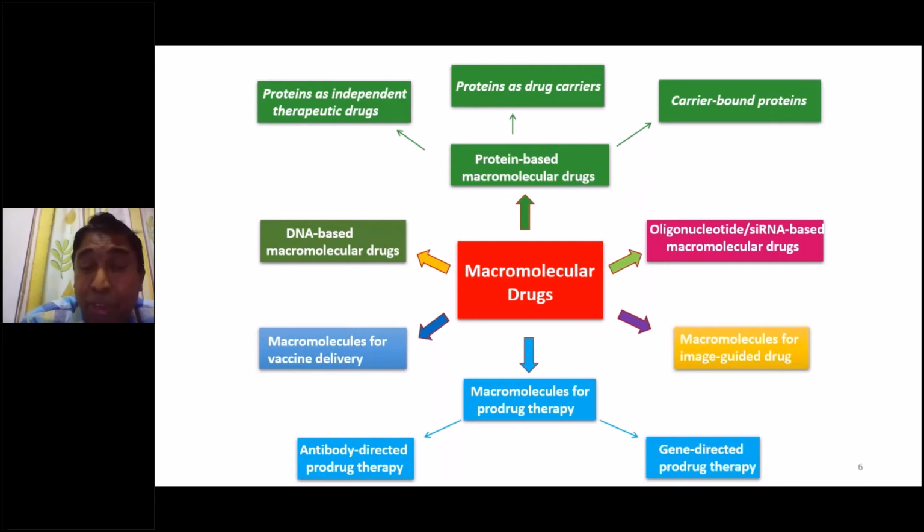But for this, you need a nanocarrier because nucleic acids are very sensitive to degradation by nucleases. Another is oligonucleotides, antisense oligonucleotides, or siRNA, small interfering RNA. They have the opposite effect. For example, cancers are also caused by mutations in proto-oncogenes, converting them into oncogenes.